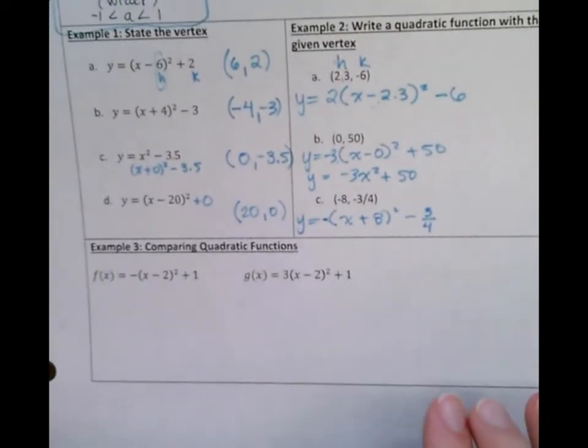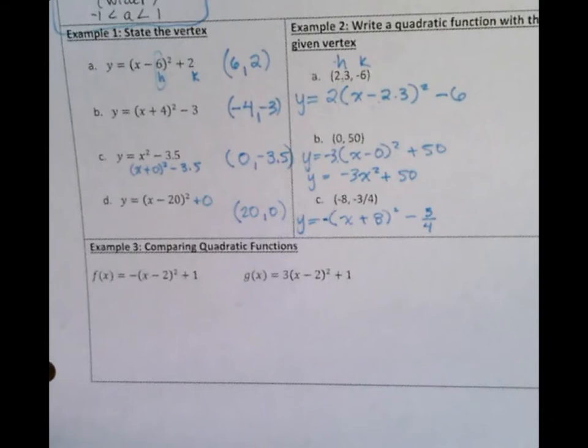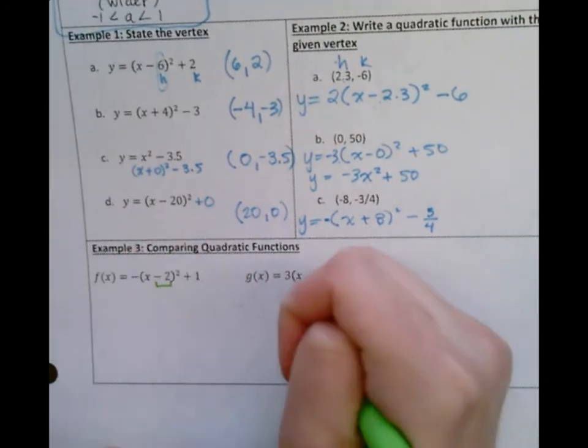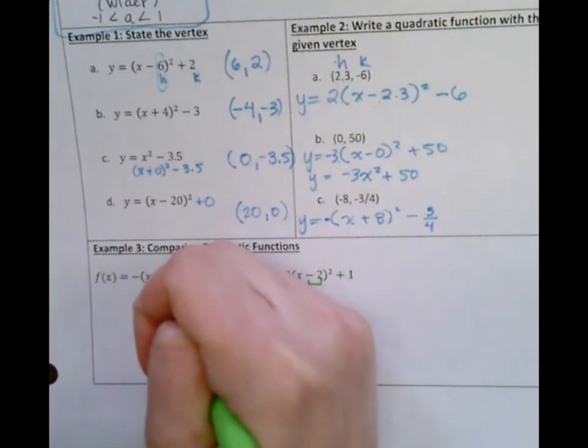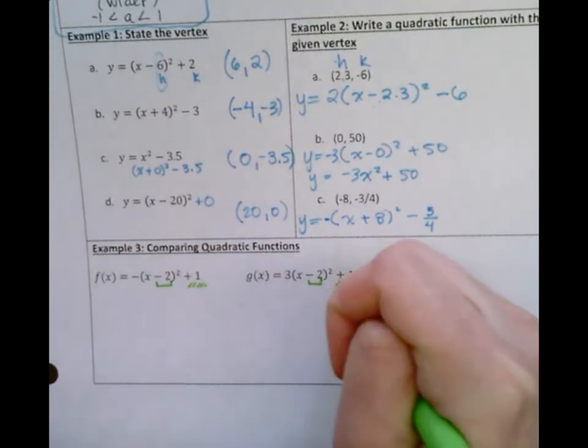So in the last section of examples here, it says comparing quadratic functions. So the idea is we want to say how will the graphs of these two functions be similar, and how will they be different? Well, the first thing that I notice is that they both have a -2 inside the parentheses and a +1 outside the parentheses.